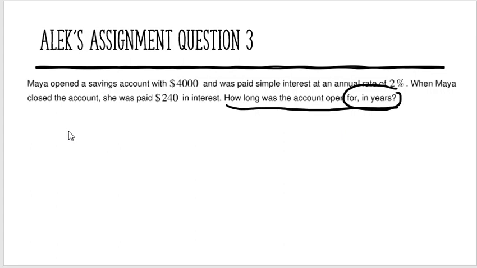Okay, so we're going to use our simple interest formula. I equals P times R times T. We're going to plug in everything that we know into this formula, and then we're going to solve for the thing that we don't know. Okay, so Maya opened a savings account with $4,000. That was her principal. Okay, that's her initial investment.